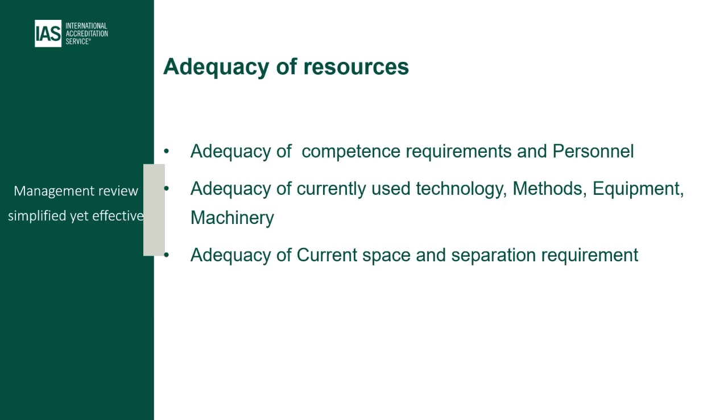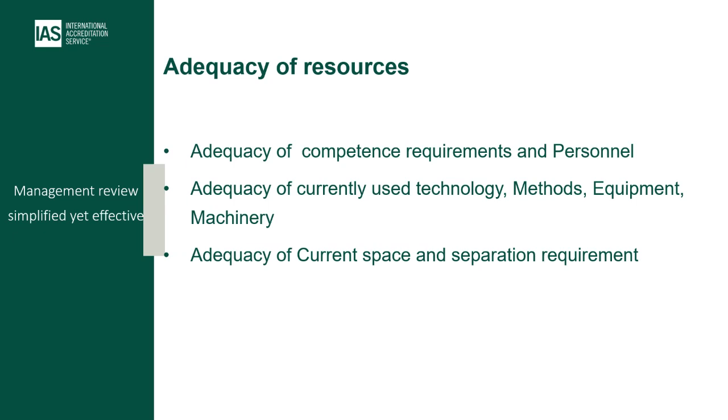So a management review, one of the key things that a management review does, from a top-down approach, is to make sure that there is competent personnel. Without a pool of competent personnel who have been trained, monitored, and allowed to work solo, that is the key to the success of a lab, right?